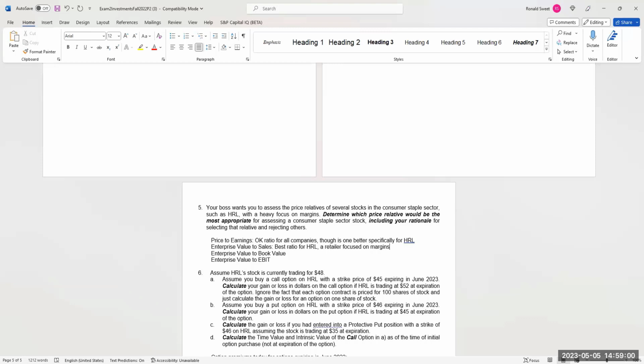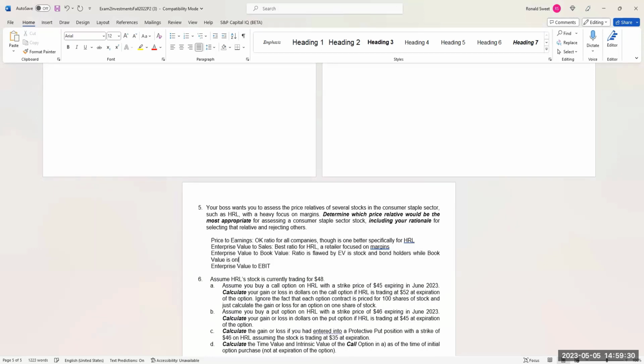For retail, you almost always do EV to sales. Anyone really focused on margins, you know Hormel is really focused on margins, the cost of the meat versus their prices. Enterprise value to book value, the ratio is flawed because EV is stock and bond holders, while book value is only stockholders.